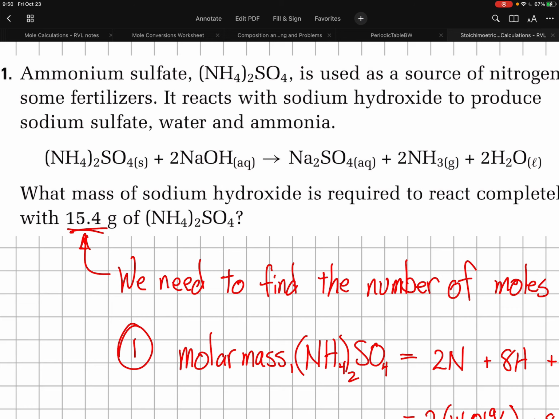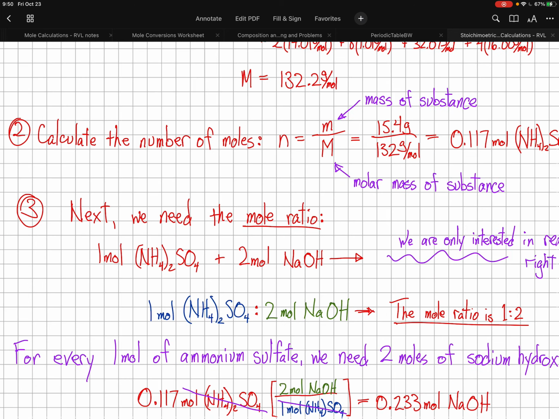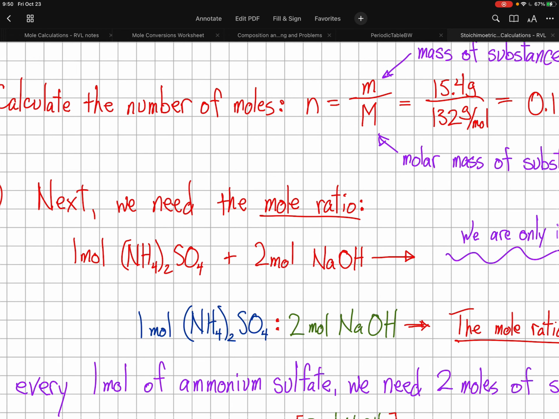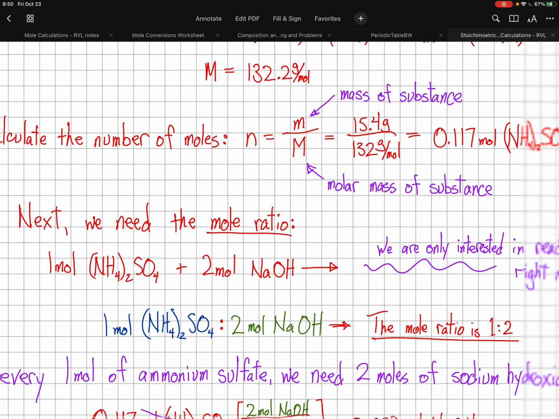There may be some circumstances where you actually have to balance the equation, but we do not have to do that here because it's already done.